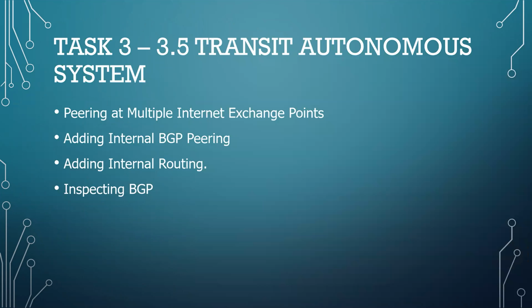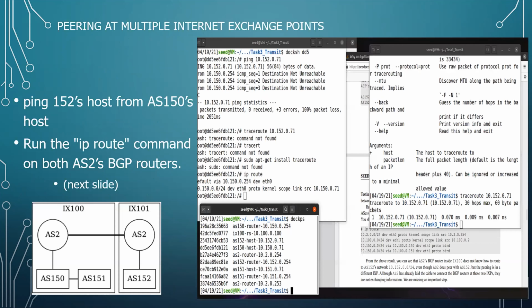Task 3 was pairing at multiple internet exchange points, adding internal BGP pairing, adding internal routing, inspecting BGP. On the bottom left is how it's set up. And you have to ping 152's host from 150's host.